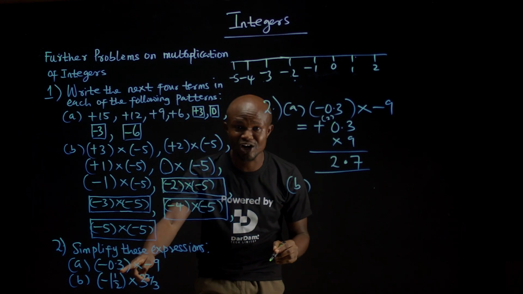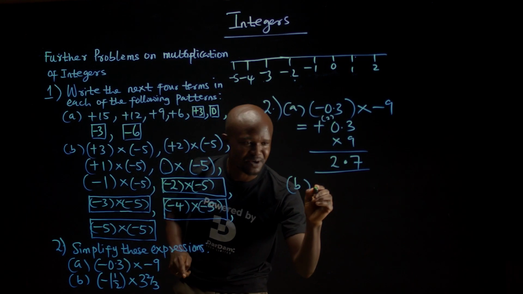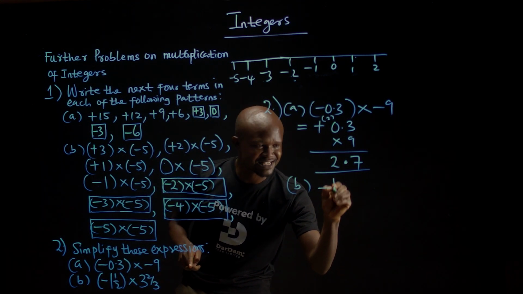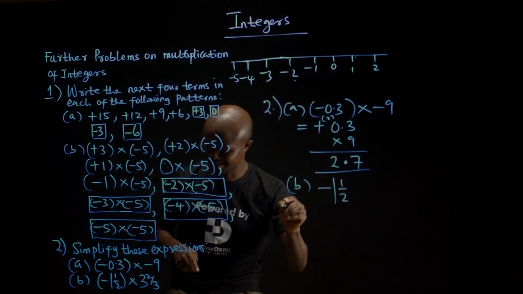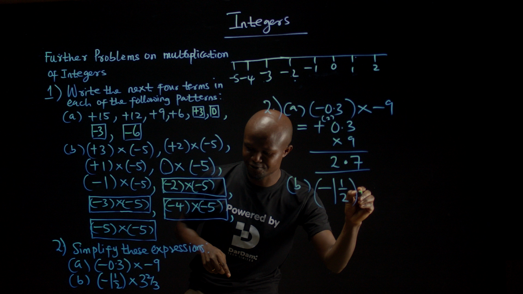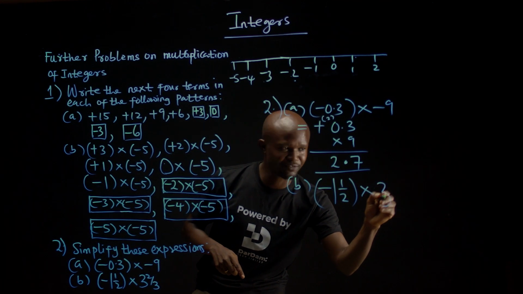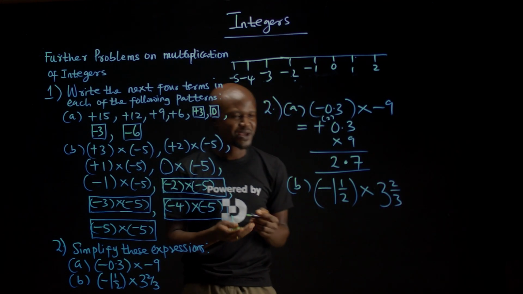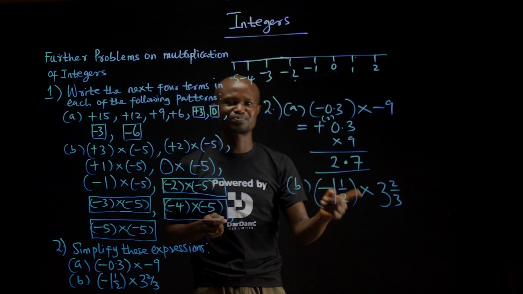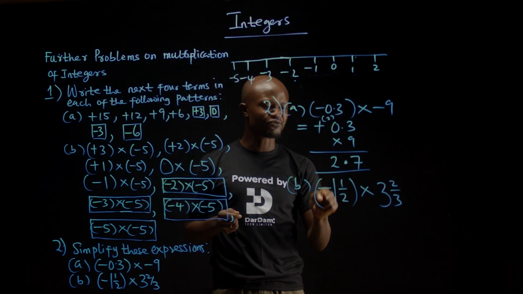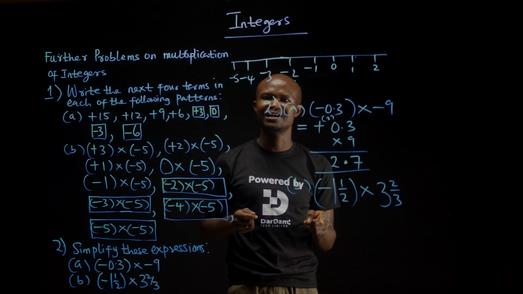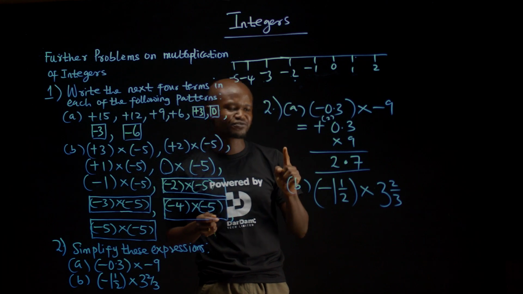Now, let's look at the second question. This is a mixed number: minus 1 and 1/2 times 3 and 2/3. Before you can solve this problem, you need to convert each mixed number to an improper fraction.